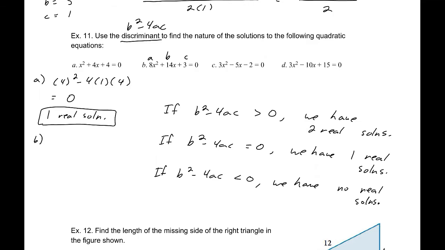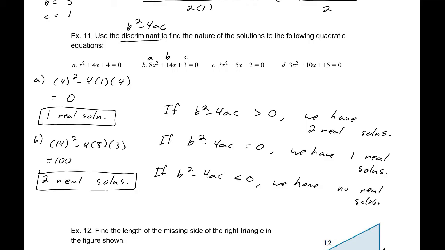So 14 squared, that's our B, minus 4 times 8 times 3. All right, 196 minus 96 is 100. Discriminant's 100. That is greater than 0. So we have two real solutions.